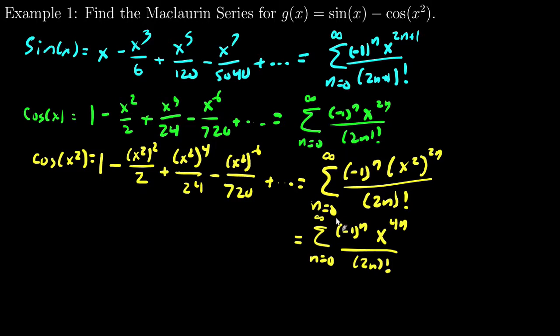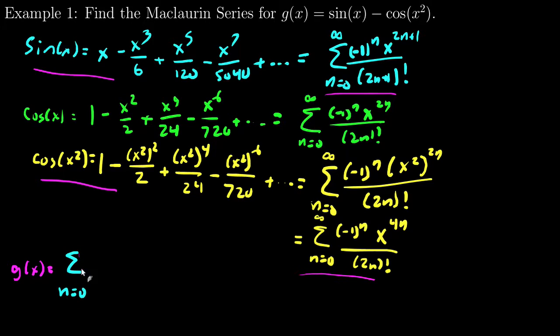And if I want to write this series, all I need to do now is just combine these. I can either combine these terms, or I can just combine these written out series. And that's what I'm going to do. So that lets me know that g of x is equal to this series. I'll do that one in blue. The sum as n goes from 0 to infinity of negative 1 to the n, x to the 2n plus 1 divided by 2n plus 1 factorial.